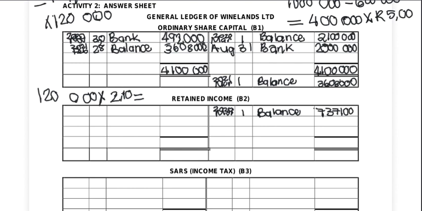You're losing out because you're buying it at higher than what you actually value it as. So that's why we deduct the loss from our retained income. It's not a loss as you would have on your statement of comprehensive income, but it is a type of loss. So 120,000 times 2 Rand 10 equals 252,000, and that's our loss.